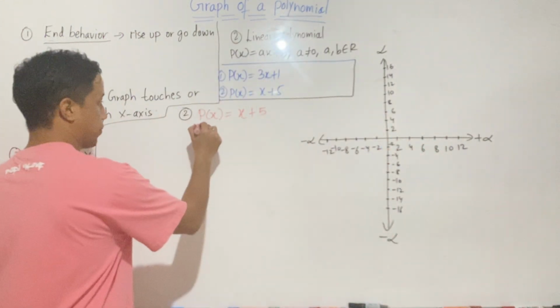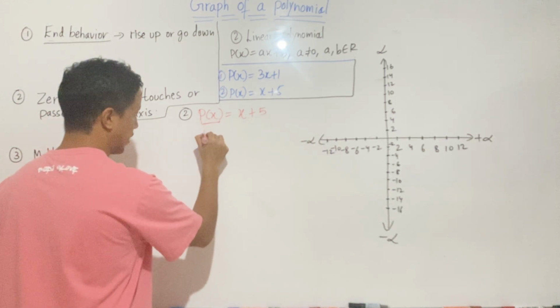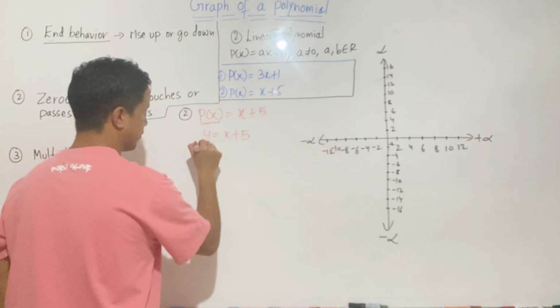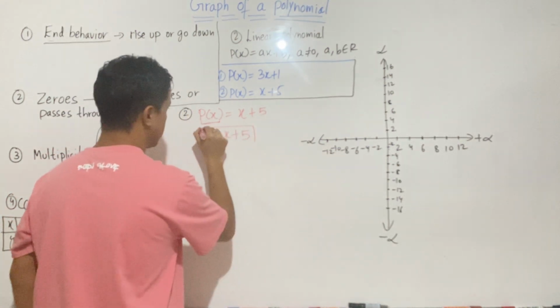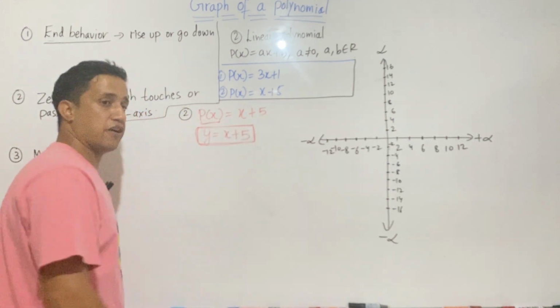Now I can represent this p(x) by y, so I can write y is equal to x plus 5. This is going to be my main polynomial function.